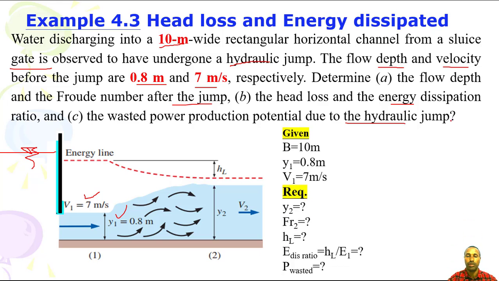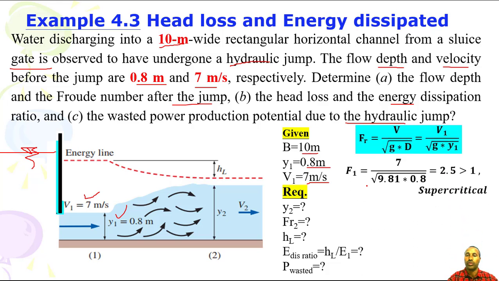Now, given parameters, you have B, 10 meter width of the channel, and Y1 of 0.8 before the jump, and V1 7 meters per second. According to this given sketch, required are Y2, F2, HL, the energy dissipation ratio, which is head loss divided by energy 1, and the mechanical power wasted due to the jump.